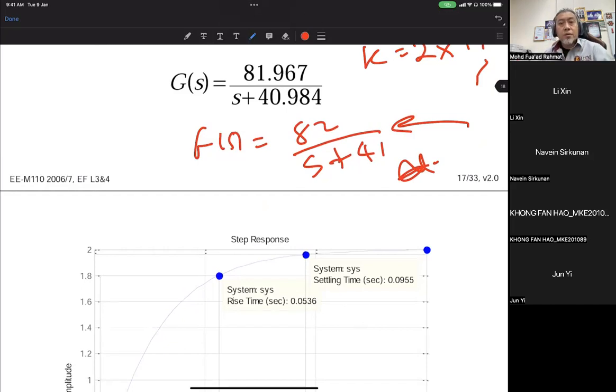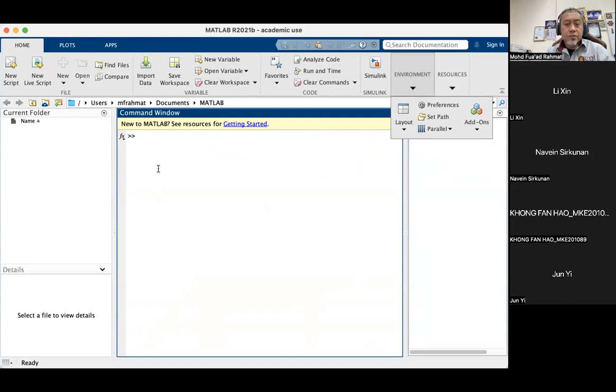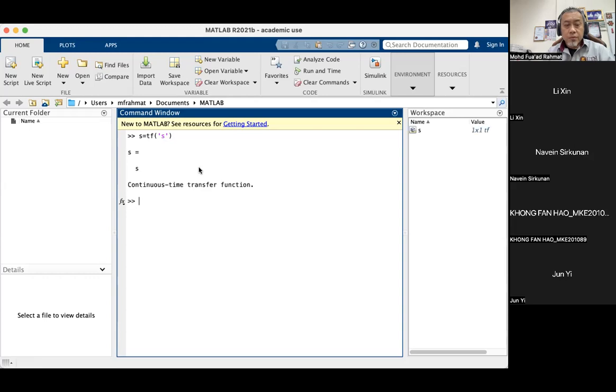Okay, so I share my screen. G is equal to 82, a rough value, divided by s plus 41.